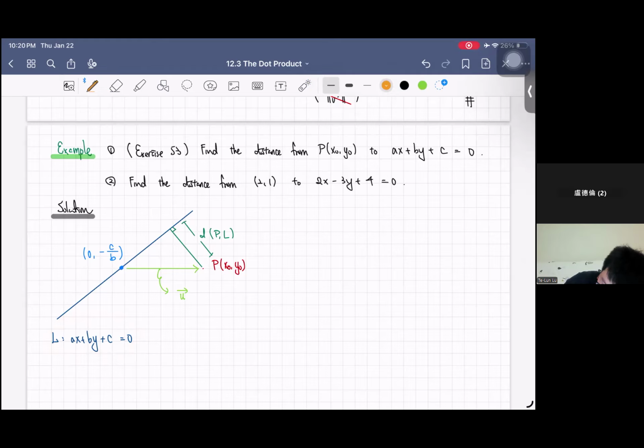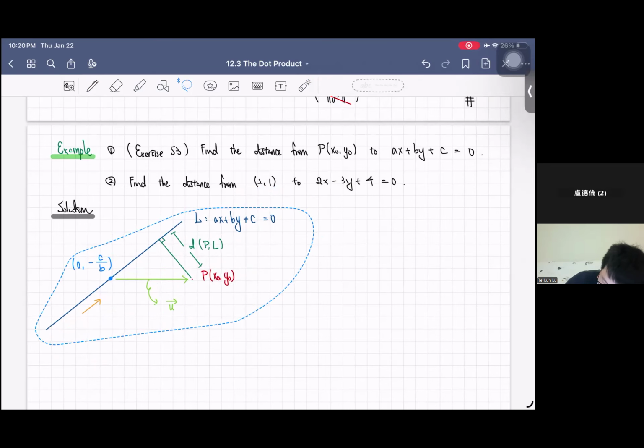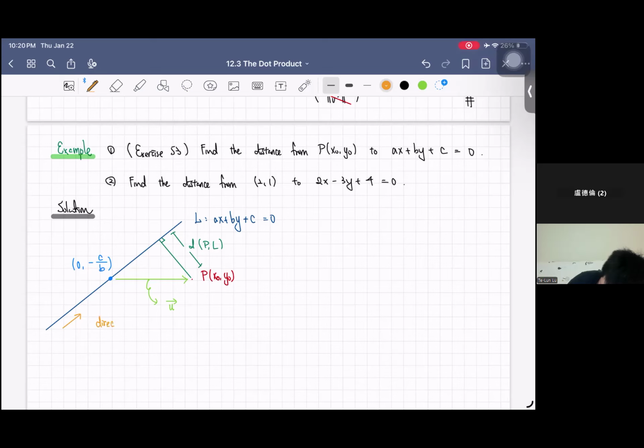So the directional vector, which is a vector in the direction of a line, is in fact given by (minus b, a).